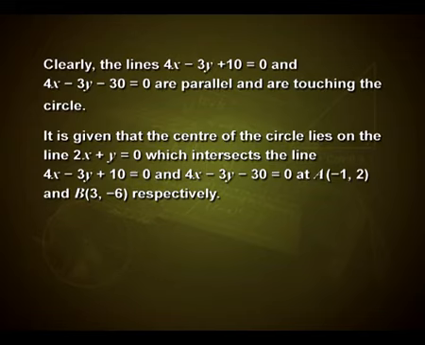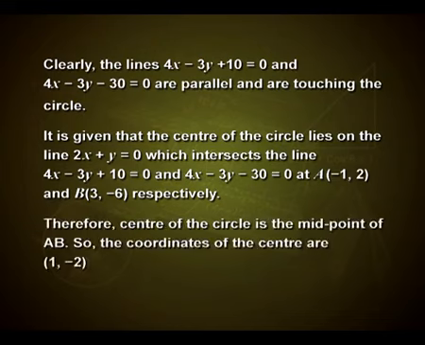It is given that the center of the circle lies on the line 2x + y = 0, which intersects the lines 4x - 3y + 10 = 0 and 4x - 3y - 30 = 0 at A (-1, 2) and B (3, -6) respectively. Therefore, the center of the circle is the midpoint of AB. So, the coordinates of the center are (1, -2).